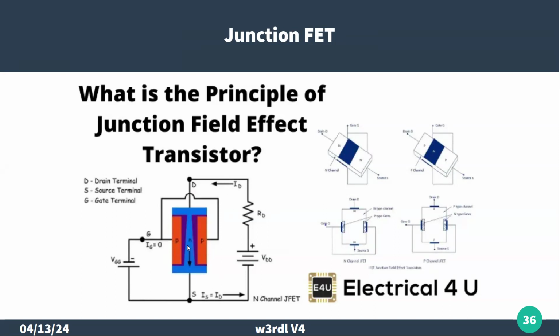When we put a potential across the gate, that electric field opposes the flow of current through this N-type material. And so it's proportional, and it works just like applying a current on the junction transistor. As we apply a voltage and we increase or decrease the field between these two pieces of silicon, it will control the amount of current that can actually flow through what we call this channel.